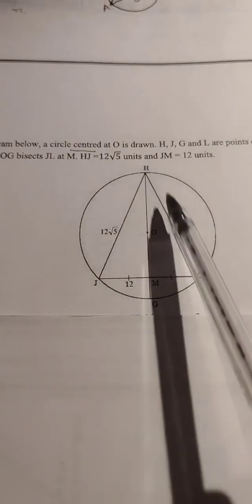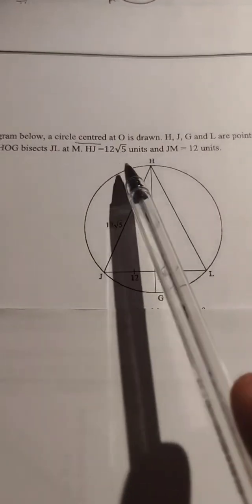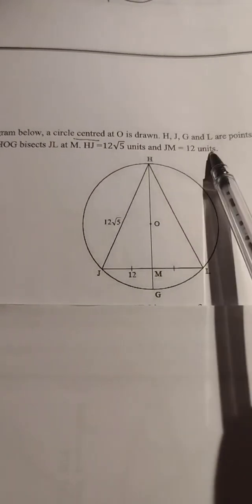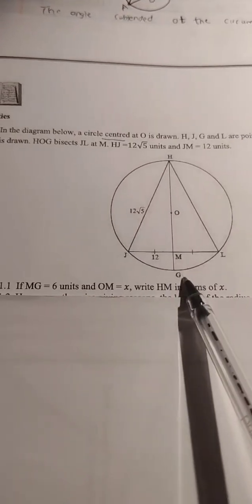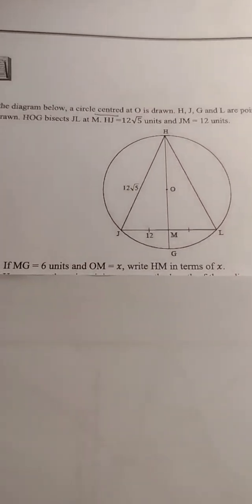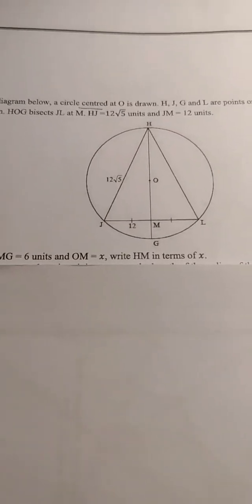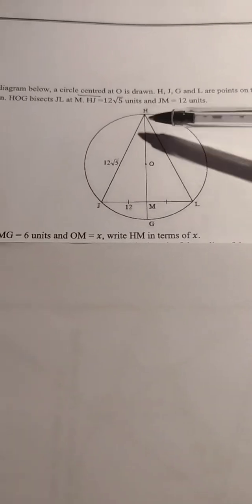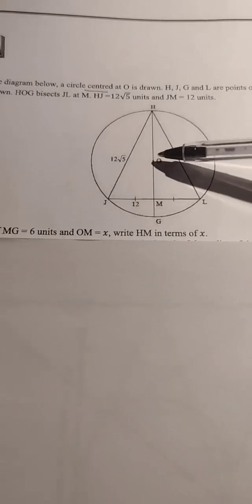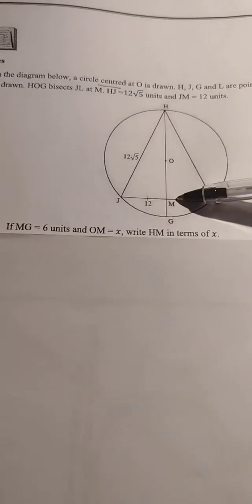HJ is 12√5 units and JM is 12 units. Now, let's come here. If MG is equal to 6 and OM is equal to X, write HM in terms of X. I'm sure you guys know what the length of OM is.